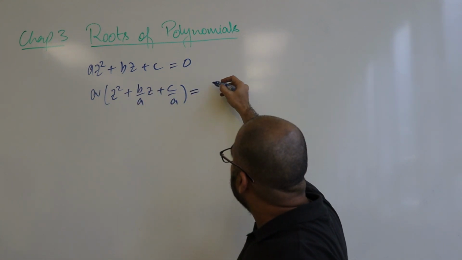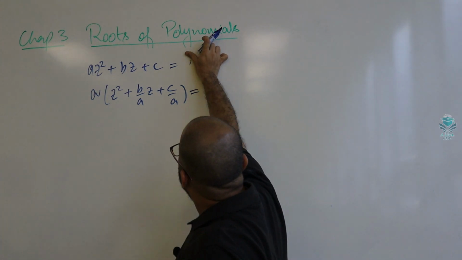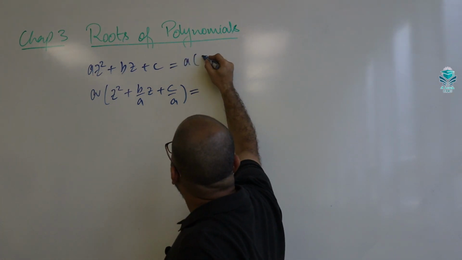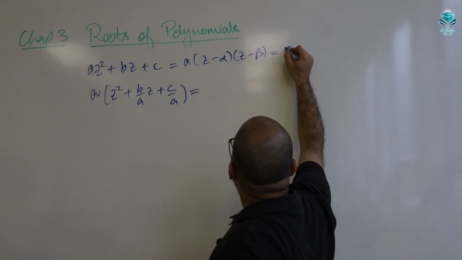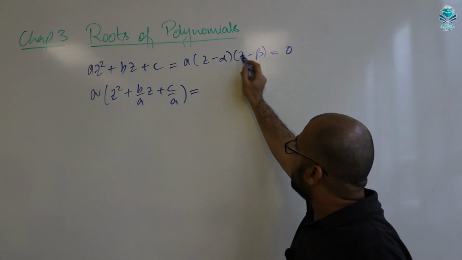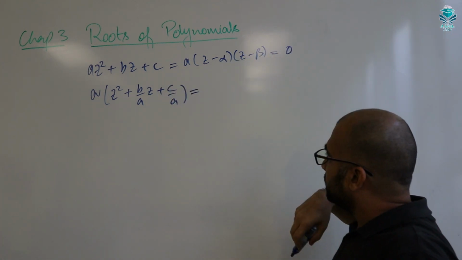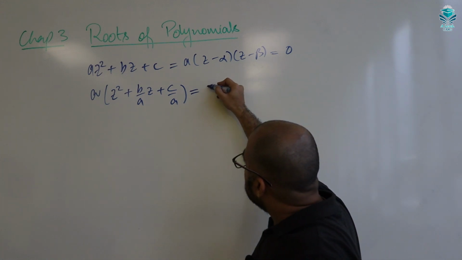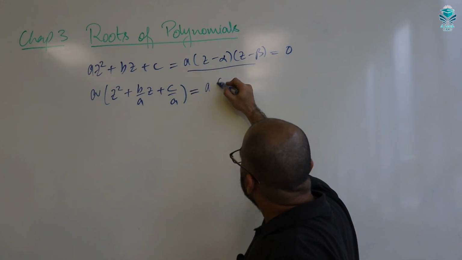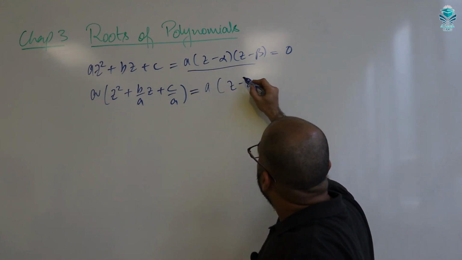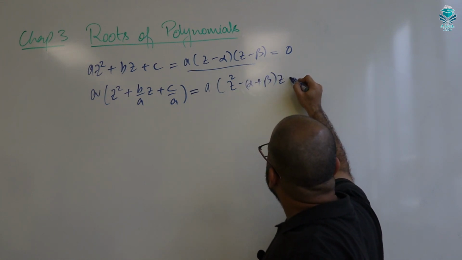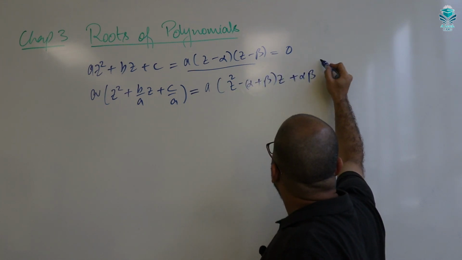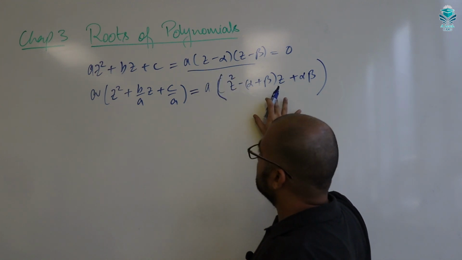So you can factorize this equation as a (z minus alpha)(z minus beta) equal to 0, let's say, where alpha and beta are the roots of the given polynomial. So by comparing these two, we can write z square minus (alpha plus beta) z plus alpha beta. If you multiply these two, you will get this one.